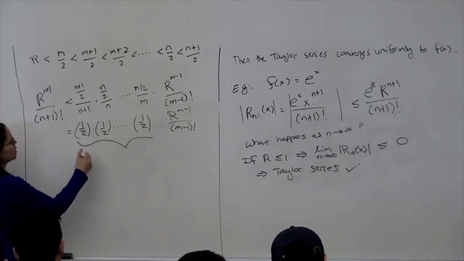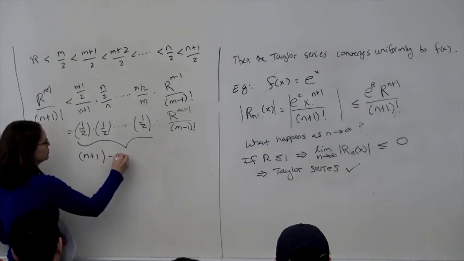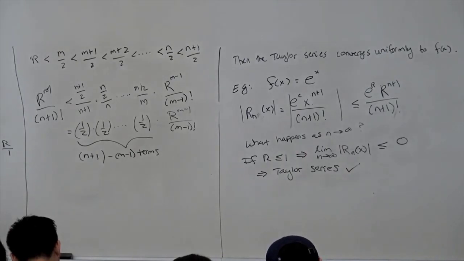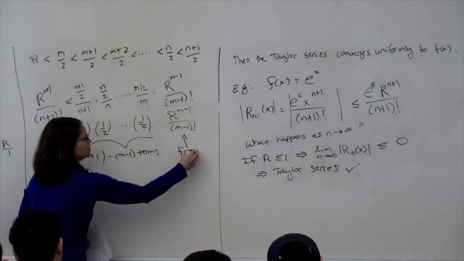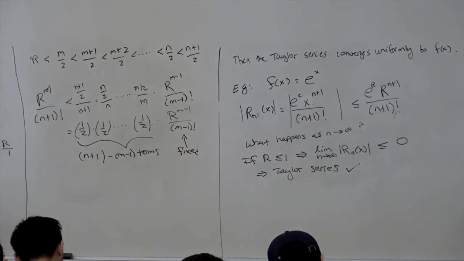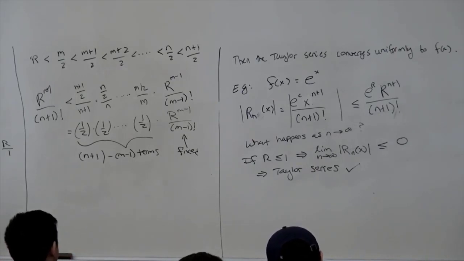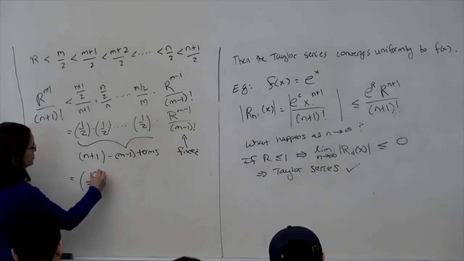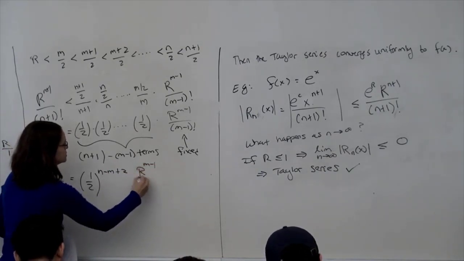Well, there's n plus 1 minus the m minus 1 terms that didn't get included in this. And this guy is just a number. It doesn't depend on n, it's just a number that depends on r. So we can simplify this quite a bit. This is 1/2 to the n minus m plus 2 times this number that doesn't depend on n.